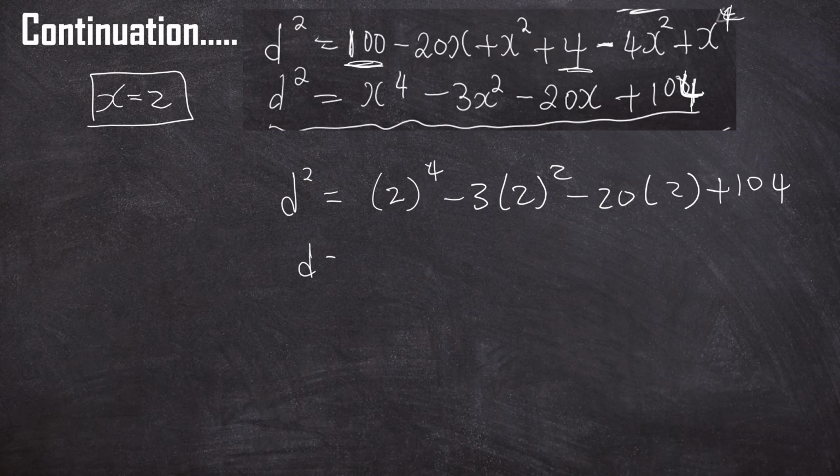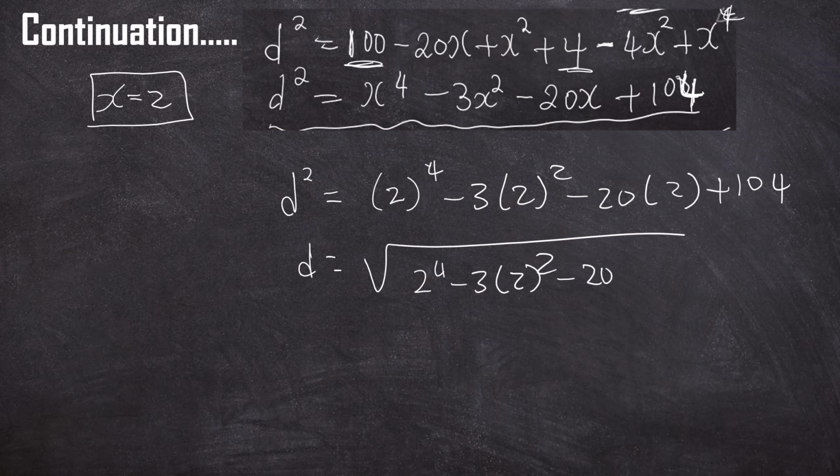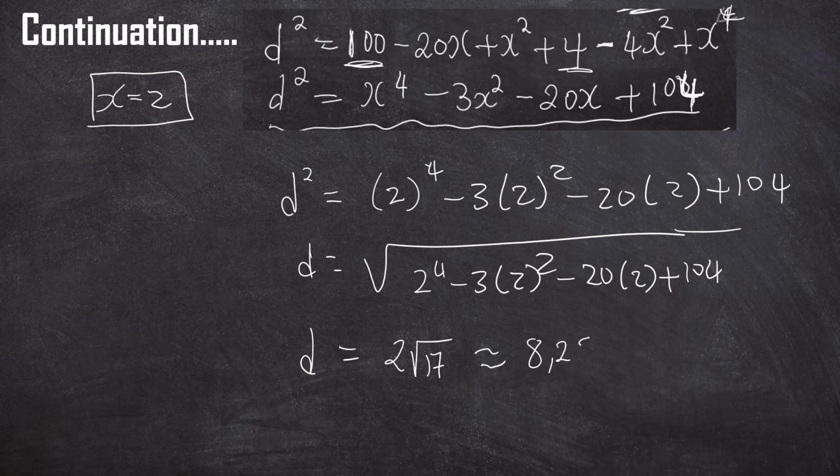Then we can punch in our calculator and see how much we get. So it's giving us 2 root 17 units, which is the same as 8.25 units. So that will be our distance.